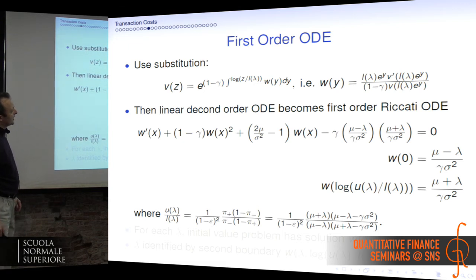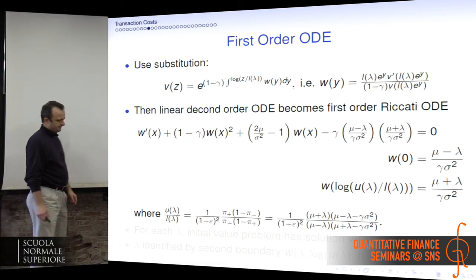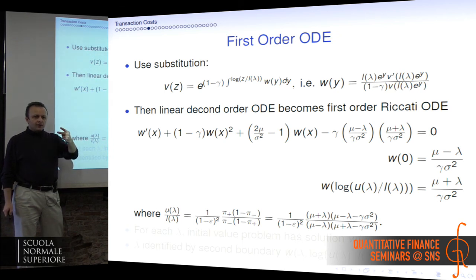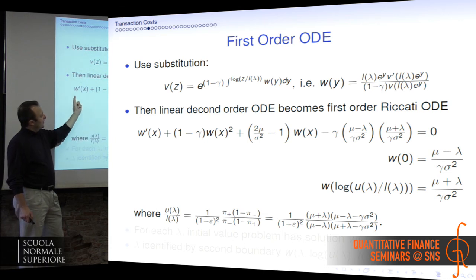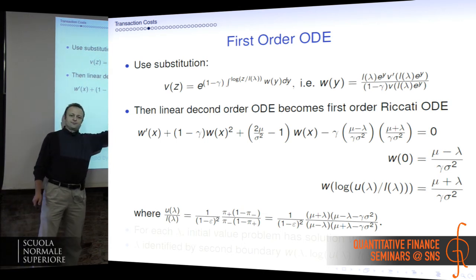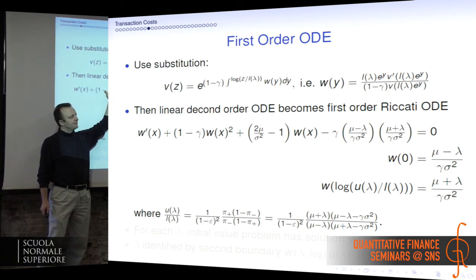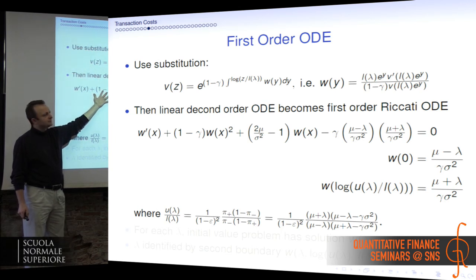When we do the substitution, we are trading a second order ODE that was linear for a first order ODE that is nonlinear, except for log utility, which is always easier. So is this a good deal? Well, let's see.